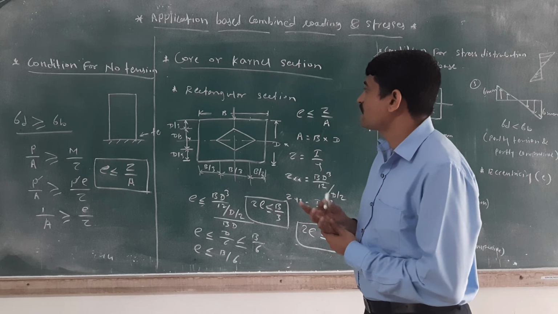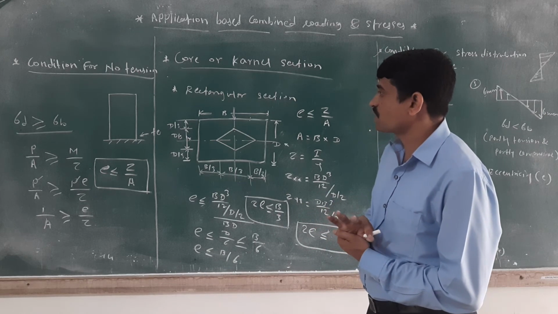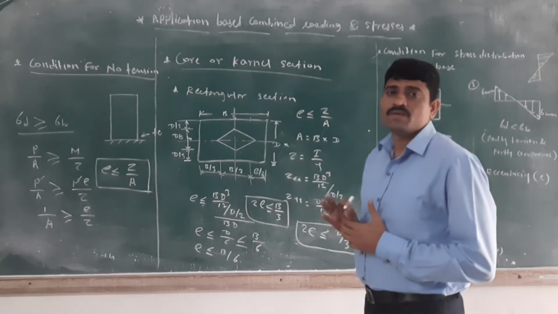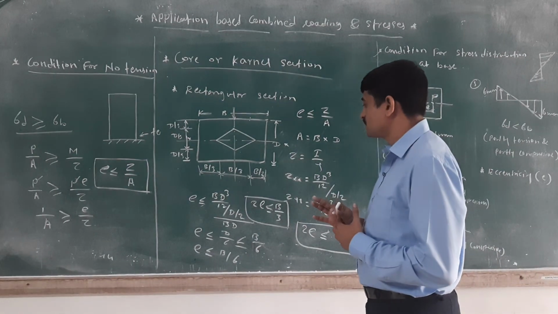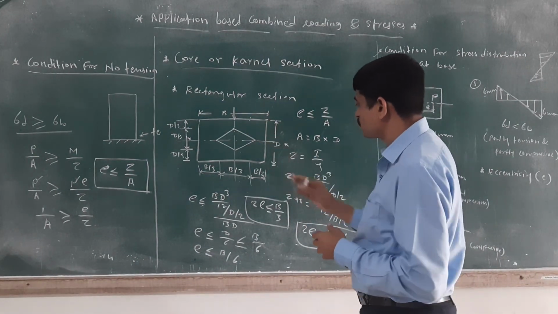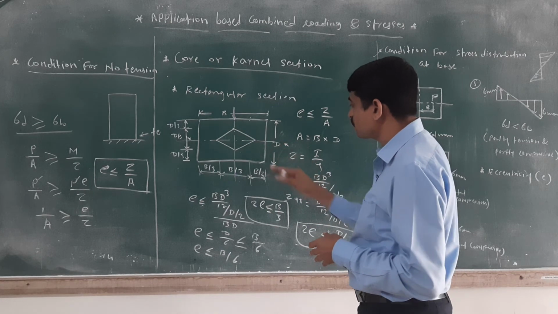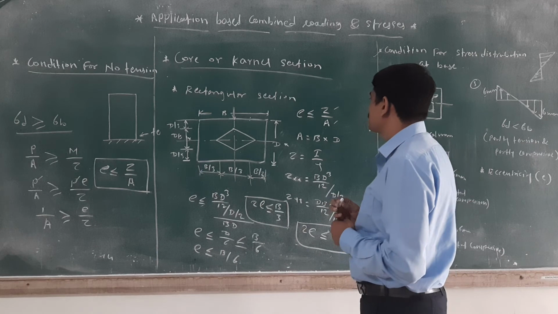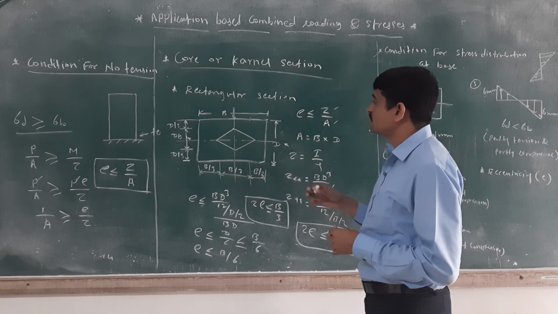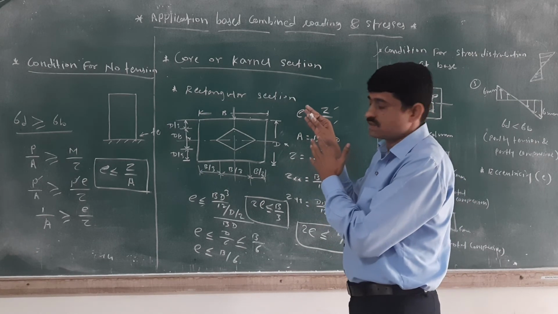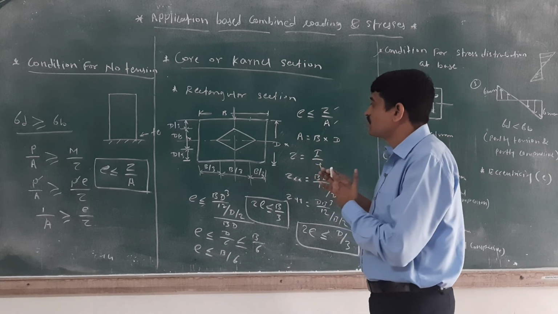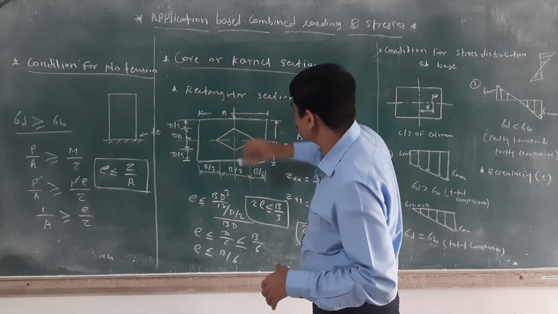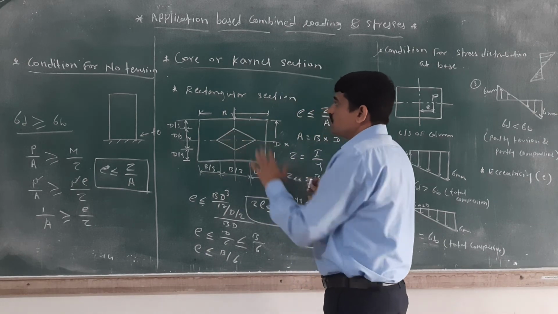We want to find out the no tension zone. How to calculate? The direct stress is always greater than the bending stress. That we have to find out in this rectangular section. Use this formula Z by A. If a direct load is given on the cross-section of the beam within this region, then there is a no tension zone.